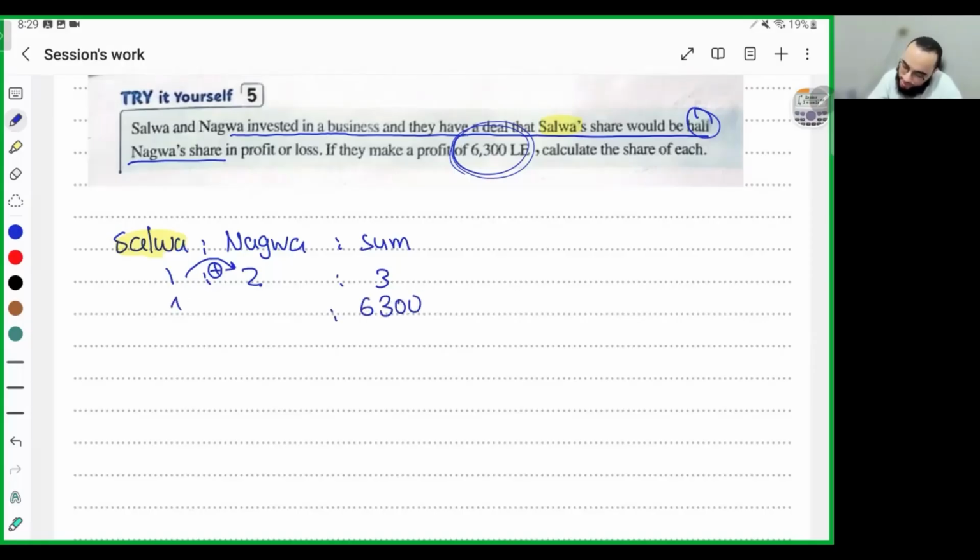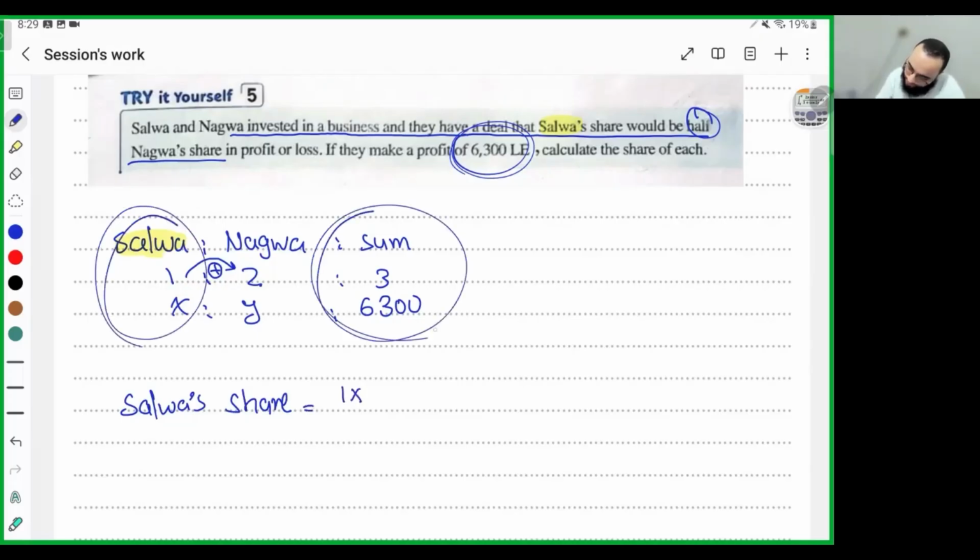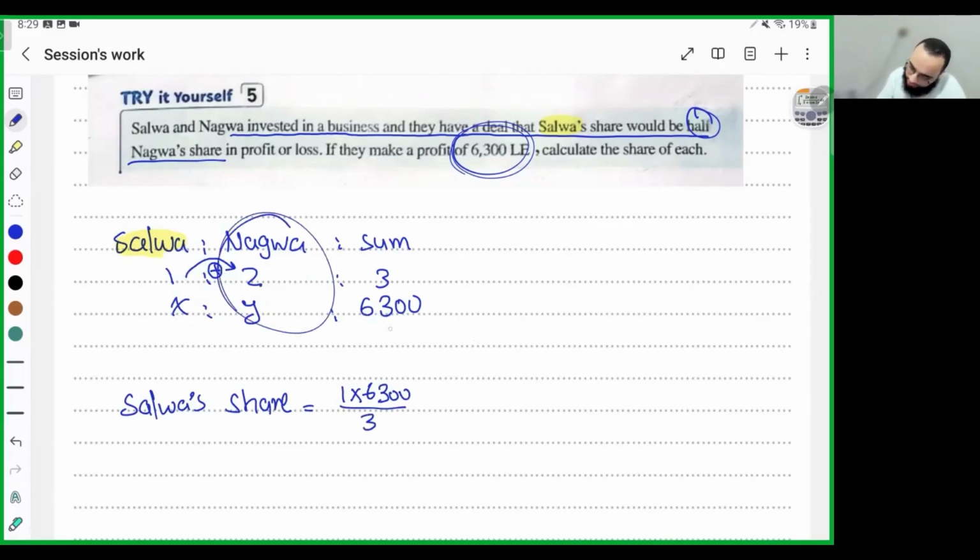Right now this is X, this is Y. Could you tell me what is Salwa's share? 1 times 6,300 over 3. What about Nagwa's share? 2 times 6,300 over 3. Super.